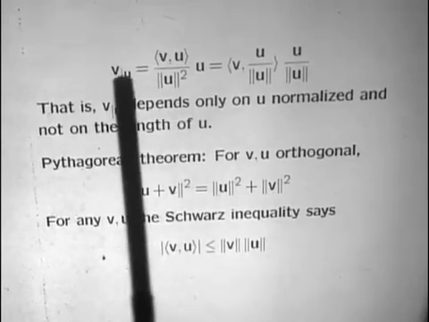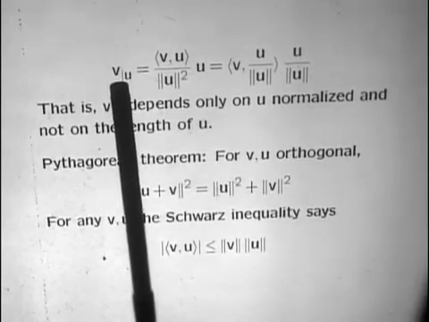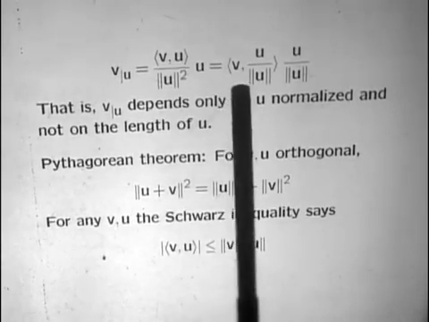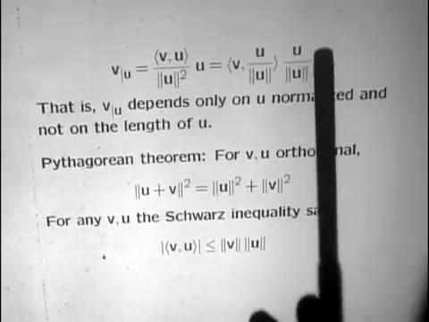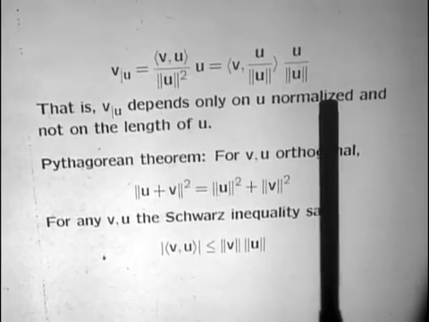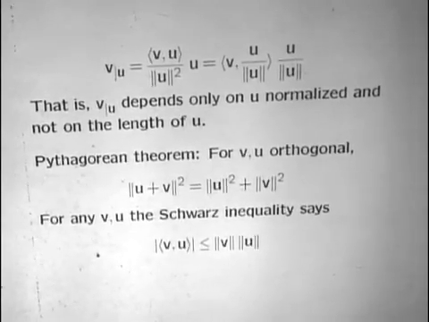So what this is saying is that this projection is also equal to the projection of V on the normalized form of U times the normalized form of U, which says that it doesn't make any difference what the length of U is.